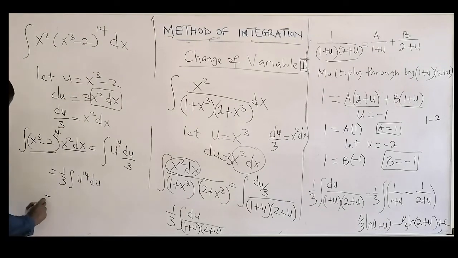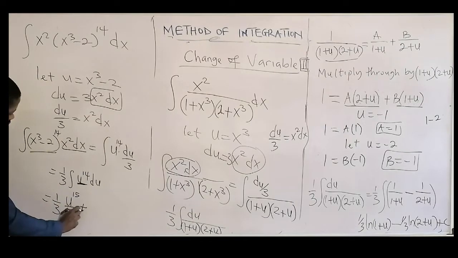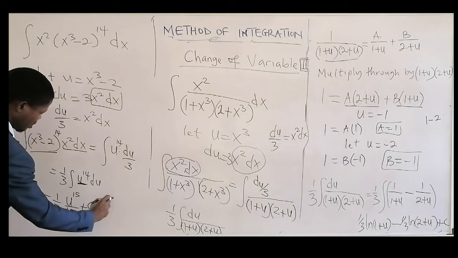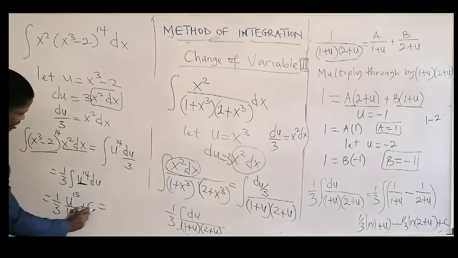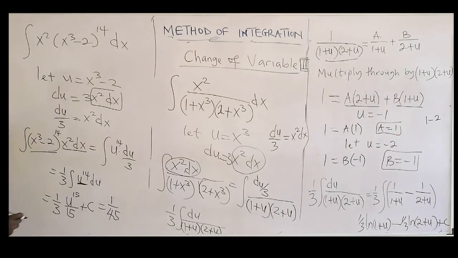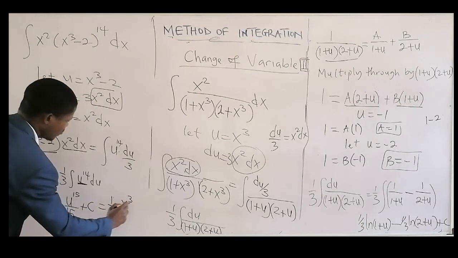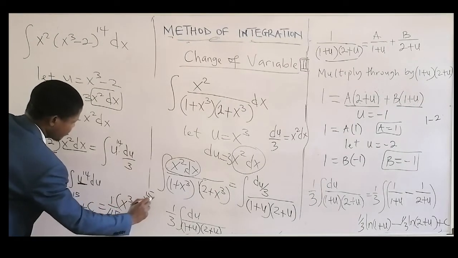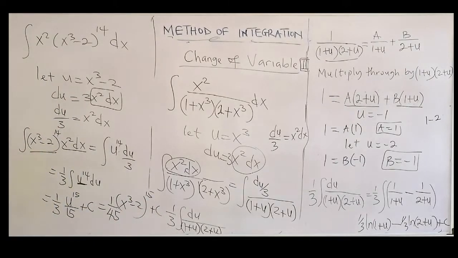And that will be equal to 1 over 3, and if you want to integrate this, it will be the power plus 1, that's 14 plus 1, over 15, plus c. So 3 times 15, that's 1 over 45 u to the power 15. Your u is s cubed minus 2, to the power 15, plus c. So that's that on that question.